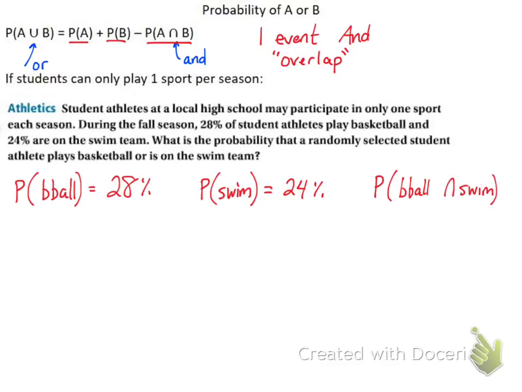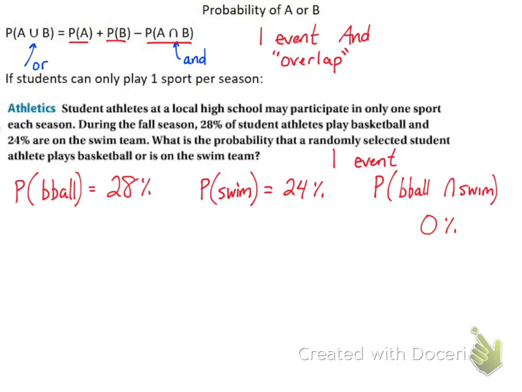When I'm finding the probability of someone being on the basketball team and on the swim team, again, I'm only picking one student, so this is one event. So I want to find the number of students that play basketball and swim. I'm not multiplying the probabilities because that's what I do with 2 events. It says students can only play 1 sport per season, so this is going to be 0%, because no person can play basketball and swim in the same season.